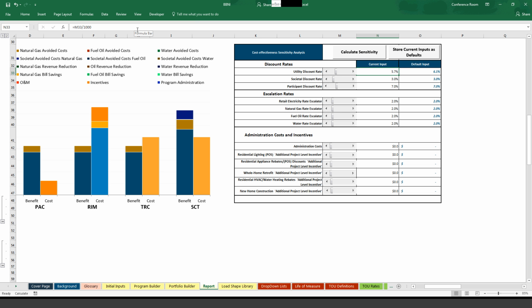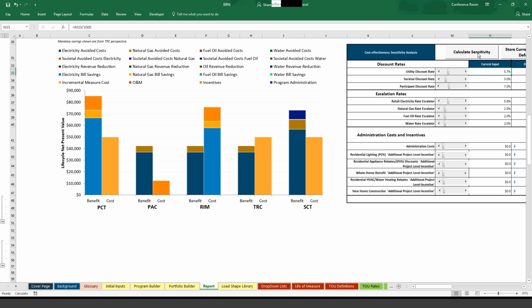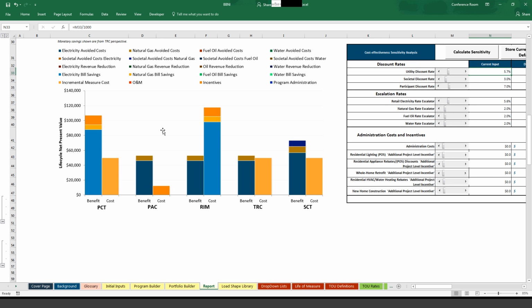Maybe I'll ask Kiran if there are other examples to highlight with the sensitivity you want to go through. We can also test out the escalation rates and see what they do to the results. So if we had a higher electricity escalation rate, it would probably make the PCT more favorable.